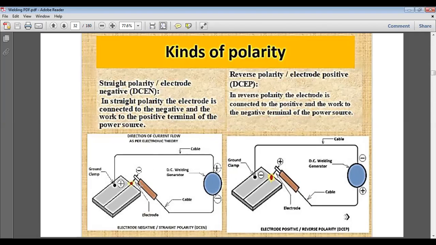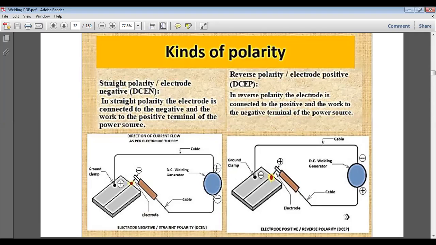The metal, the joint we have to weld, has to be connected, and at the same time the electrode has to be connected, because if these two are not connected there will be no current, and if there is no current, an arc cannot be created.